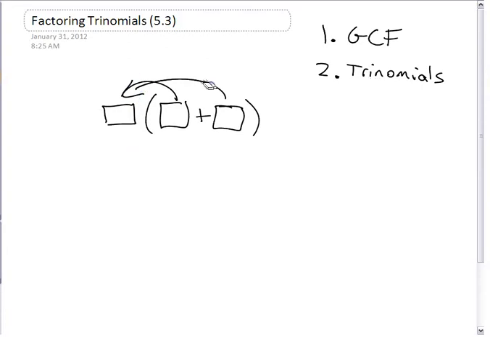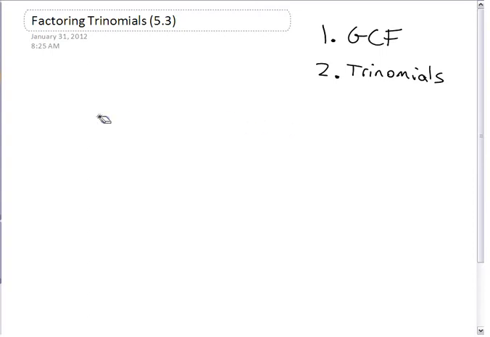Trinomials is going to come from just working with the pattern you notice in multiplying two binomials. If you take any binomials, like x plus 3 and x plus 4, and look at what the product is when you multiply it out.